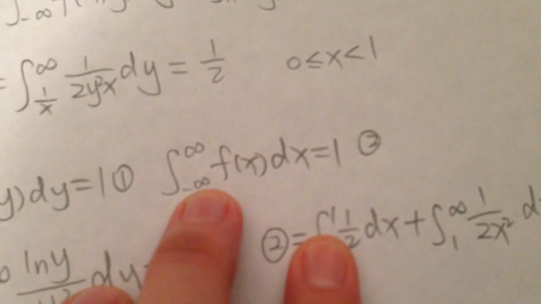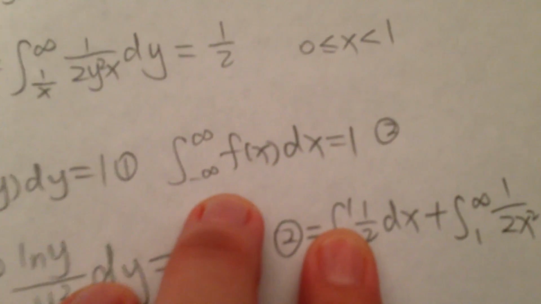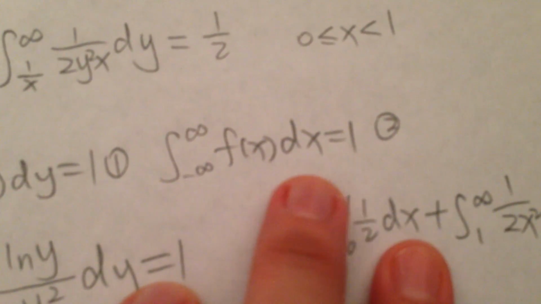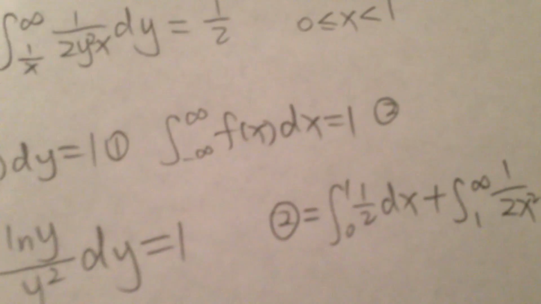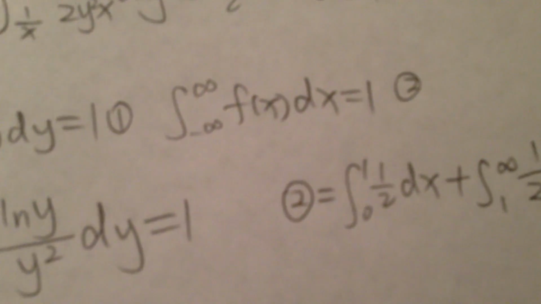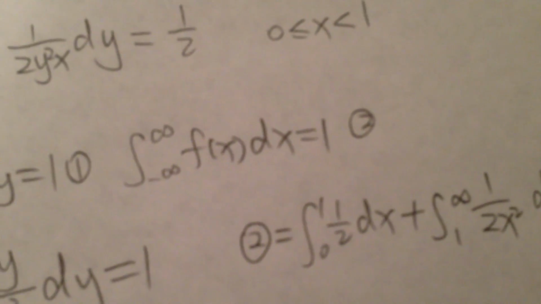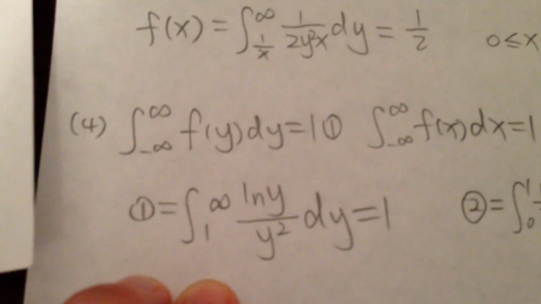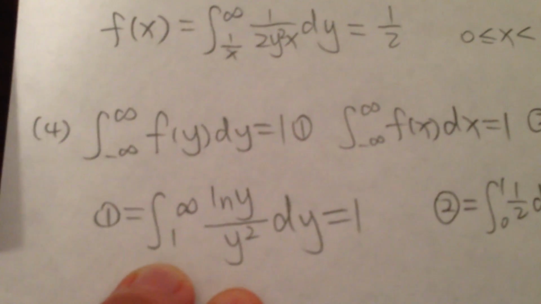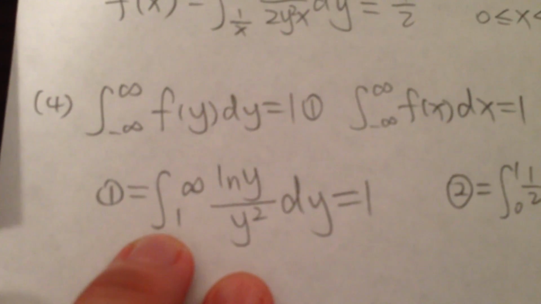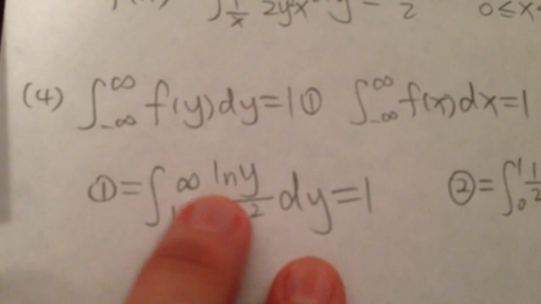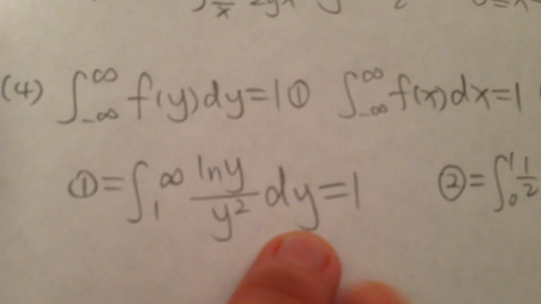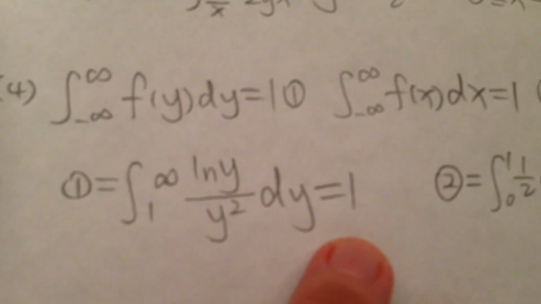Similarly, the integral from minus infinity to infinity of fx dx should be 1. Now, equation 1 equals the integral from 1 to infinity of ln y over y squared dy, which equals 1.